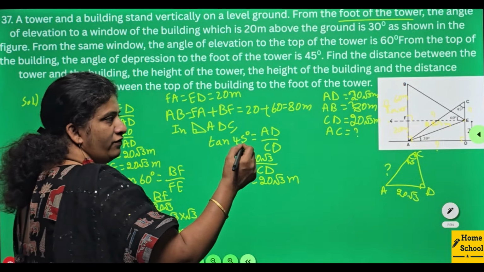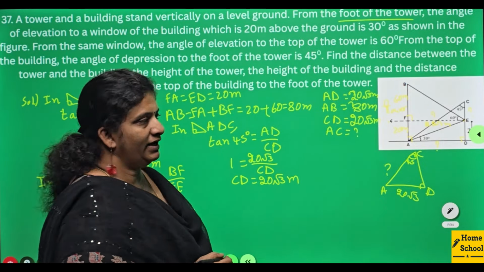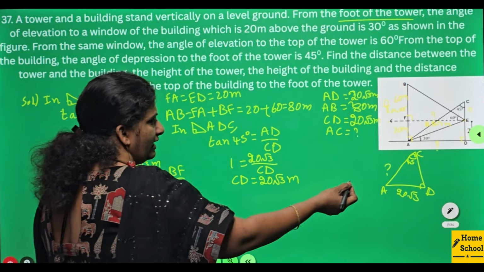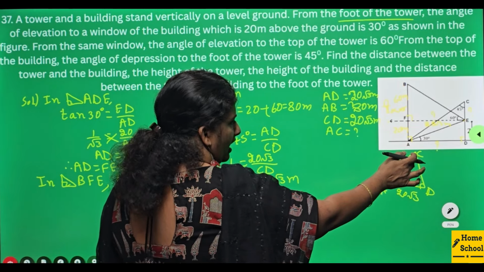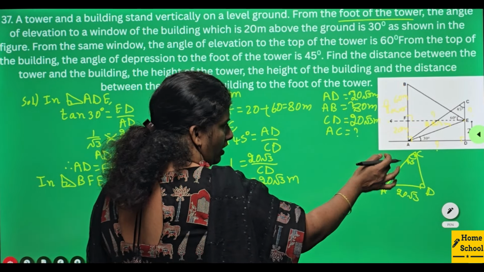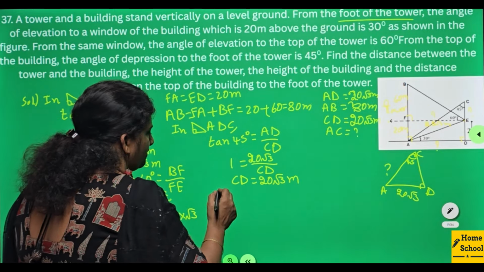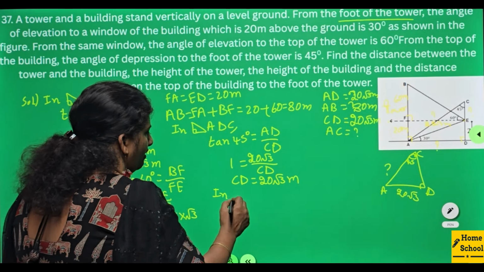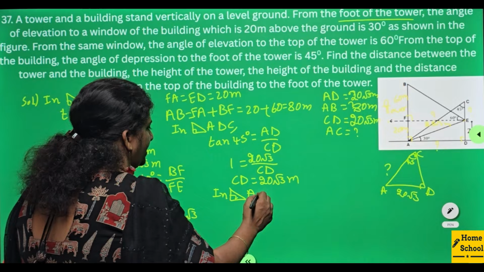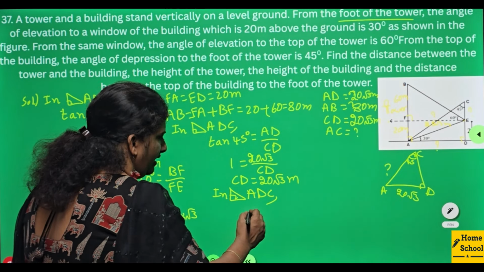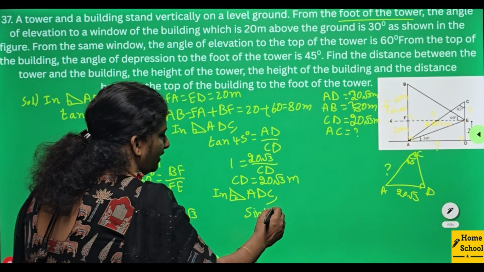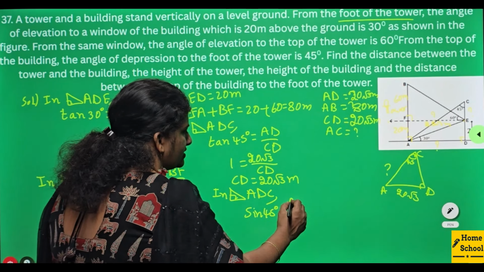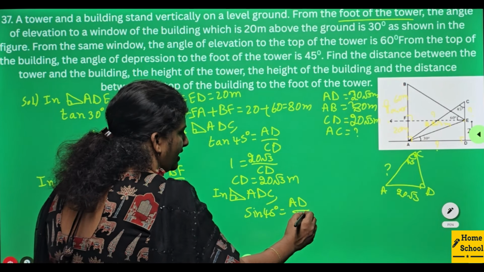Still, we need to find the distance from the foot of the tower to the top of the building. The same right triangle we can take. See here, the acute angle is here. The opposite you know, the hypotenuse you need. So, which ratio? In right triangle ADC, sin 45 degrees is equal to opposite AD by AC.